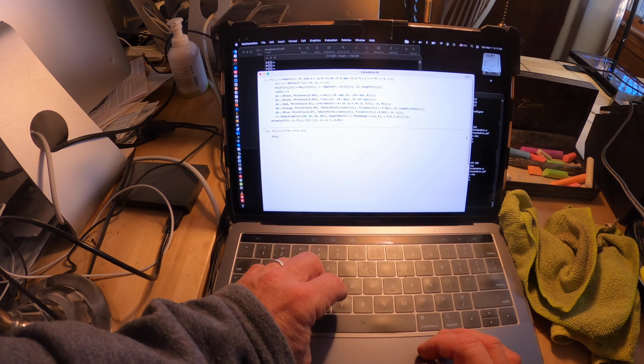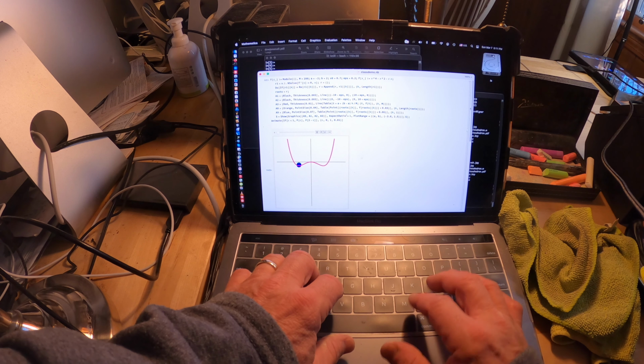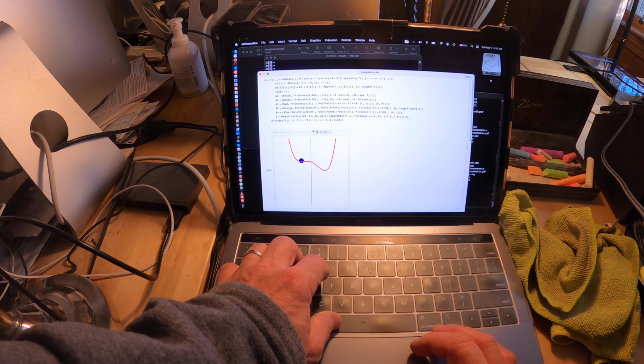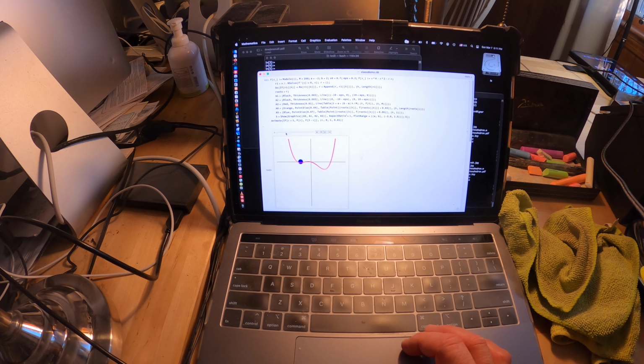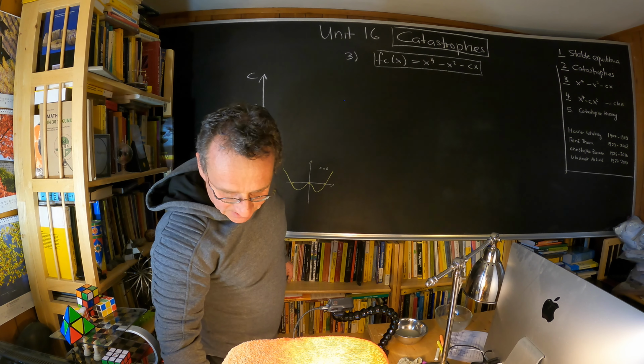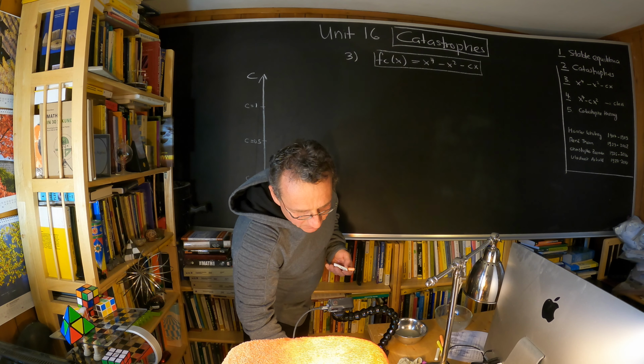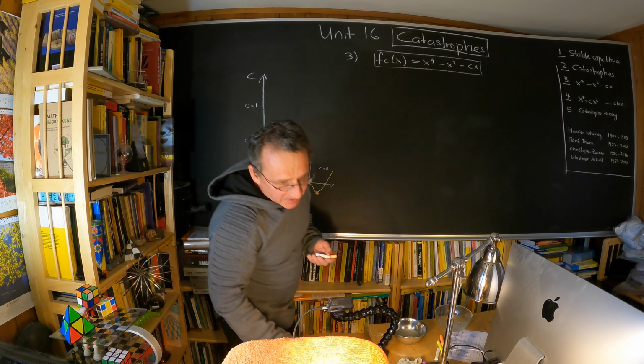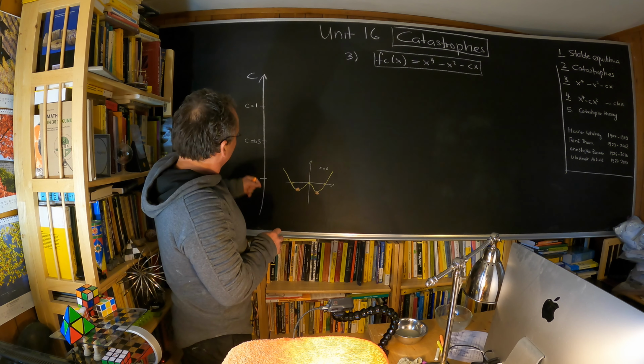I have it already prepared, and so I can actually look at that. So when c is equal to 0, I have this situation here, and we have already seen that. So for 0.5, I have something like this. So that's actually quite an interesting thing.